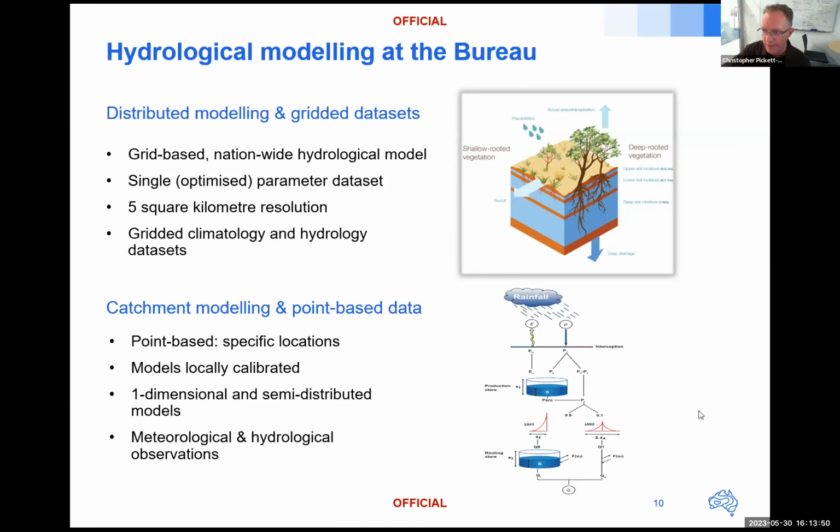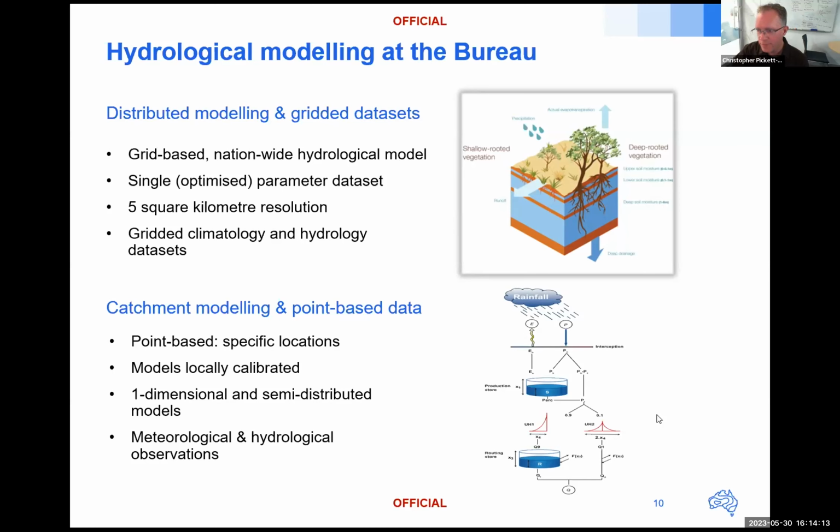We'll go into a bit more detail on what that output is. It's a single optimized parameter data set underpinning that hydrological model, operated at a 5 square kilometer resolution, and takes in the gridded climatology and hydrology data sets.